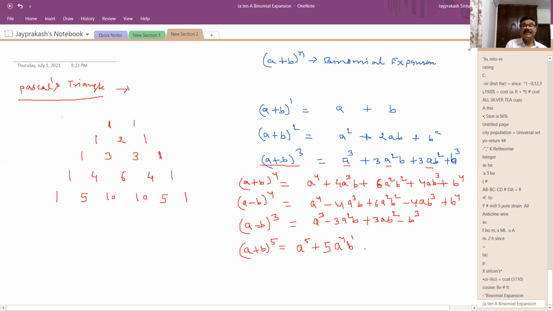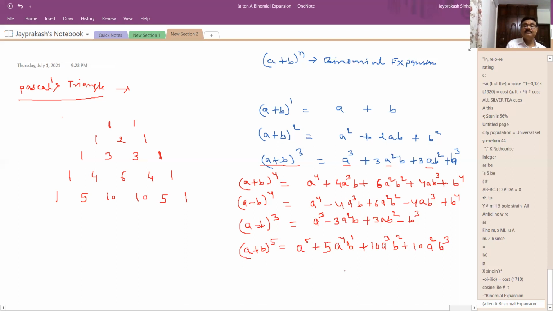Next, the coefficient is 10, and reduce the power of a by 1, it will be a3, and increase the power of b by 1, it will be b square. Plus, again the coefficient is 10. Reduce the power of a by 1, meaning 10a square, and increase the power of b by 1, it will become b cube.